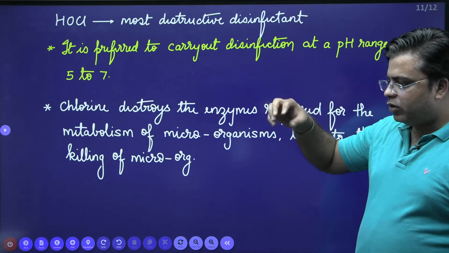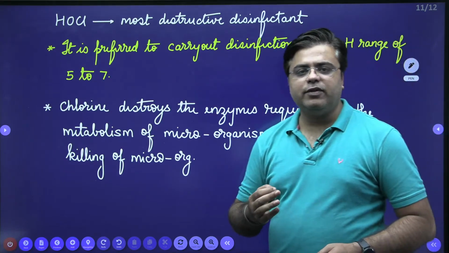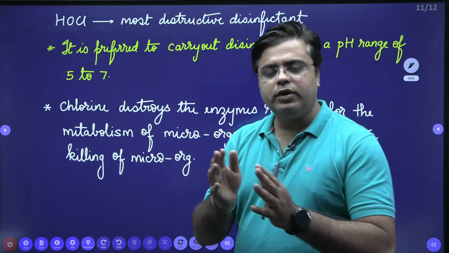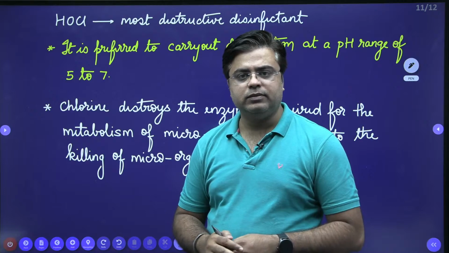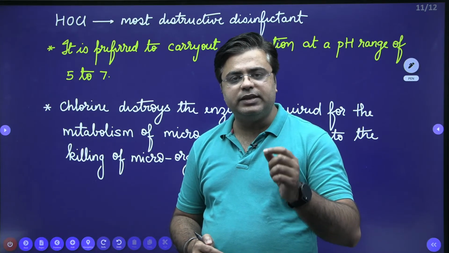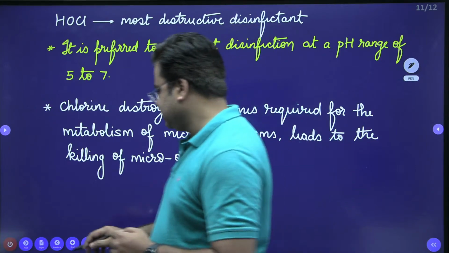Now, when you add chlorine to the water, the first thing that will form is freely available forms of chlorine, that is Cl2, HOCl and OCl minus. This chlorine also reacts with the ammonia present in the organic matter which is there in the water sample.